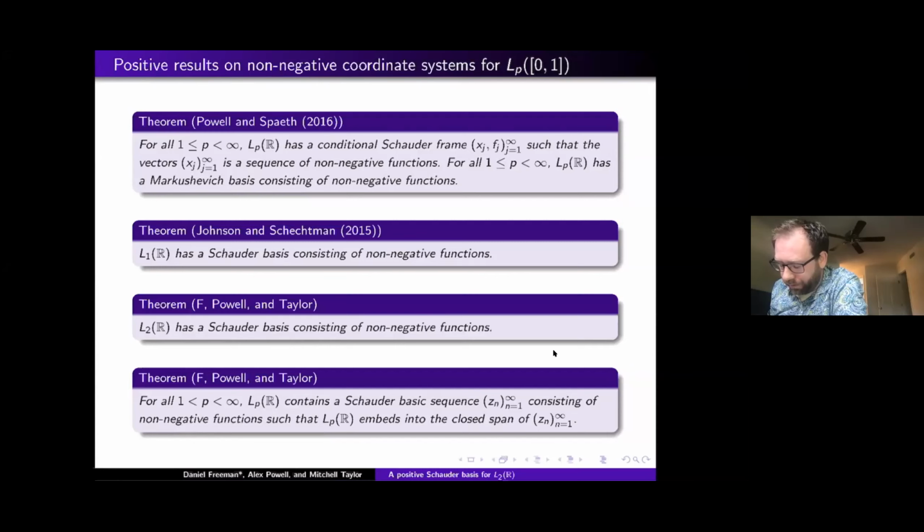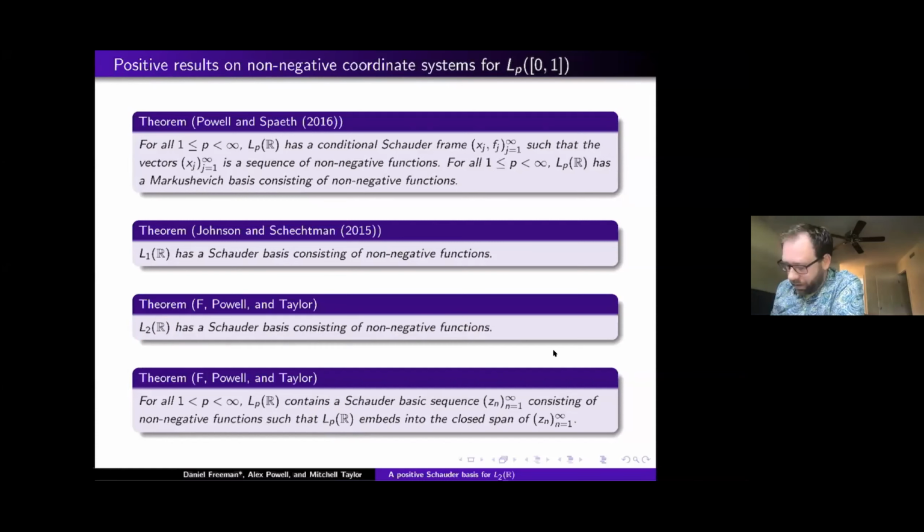And so what we proved was that capital L2 has a Schauder basis of non-negative functions. And for the case that P doesn't equal 2, we can't prove that LP has a Schauder basis of non-negative functions for the whole space, but we did prove that it contains a basic sequence of non-negative functions so that the whole space embeds into the span of the basic sequence.